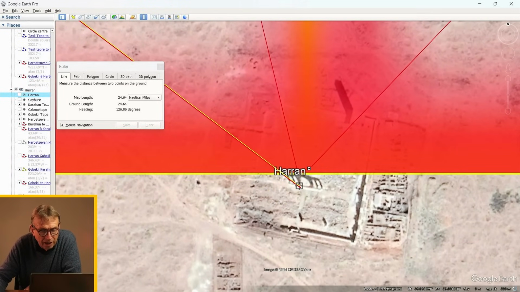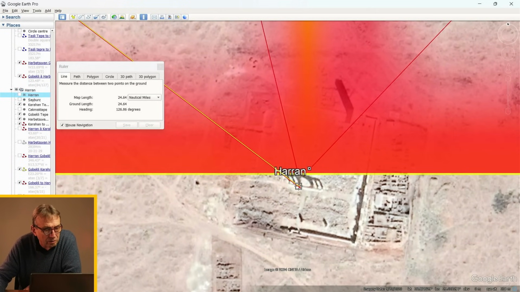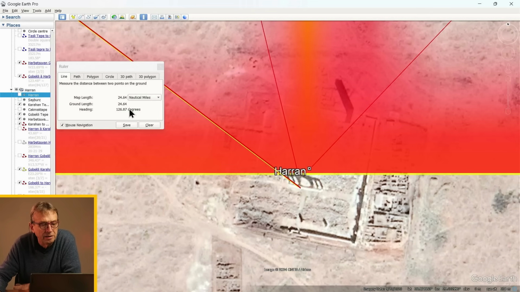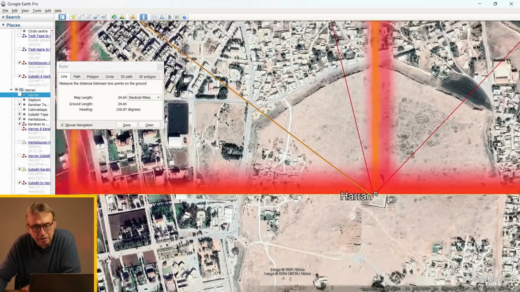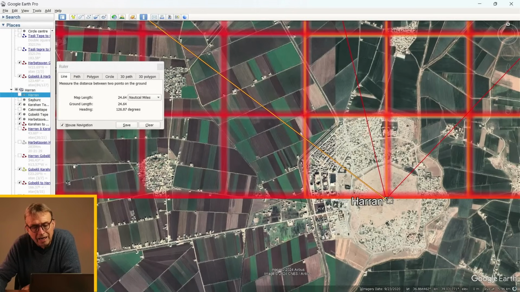And if you follow my line, look, 126.86 degrees, there you are. That's 90 plus 36.87 degrees. So that is the exact angle of a 3-4-5 triangle going from Sayburç down to Harran, okay?